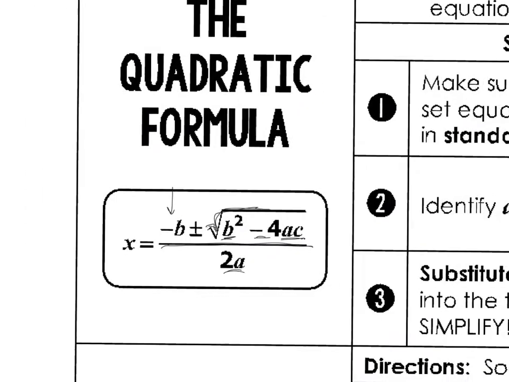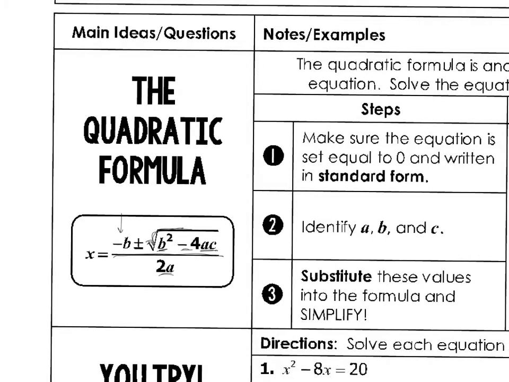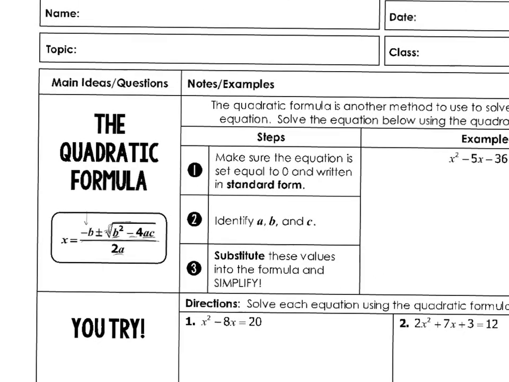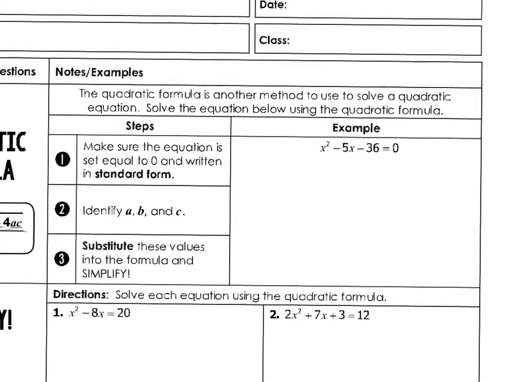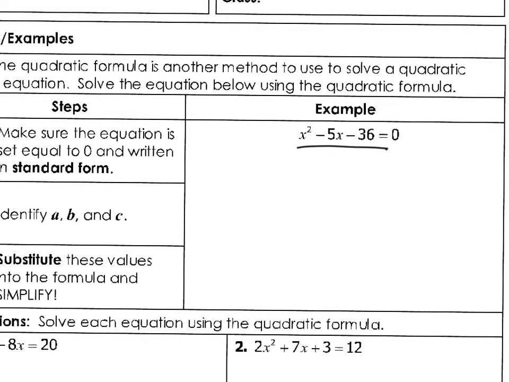All right, so let's look at how we're going to solve this. Of course, the a, b, and c in the quadratic formula are going to be the a, b, and c from our standard form. So a is the coefficient of x squared, b is the coefficient of x, and c is your constant.